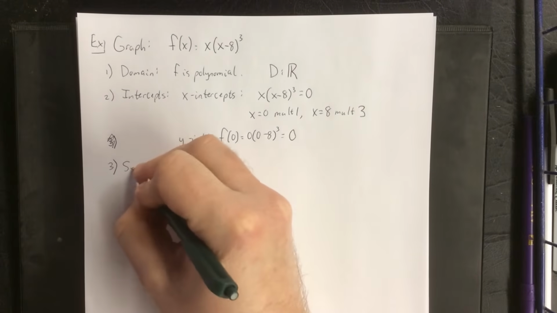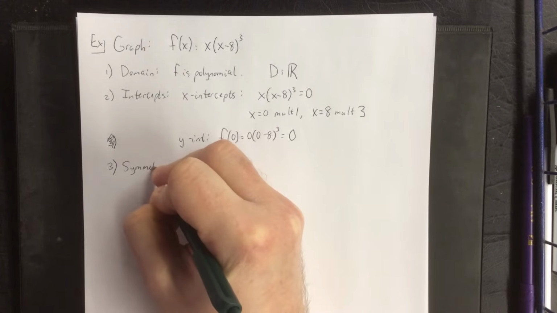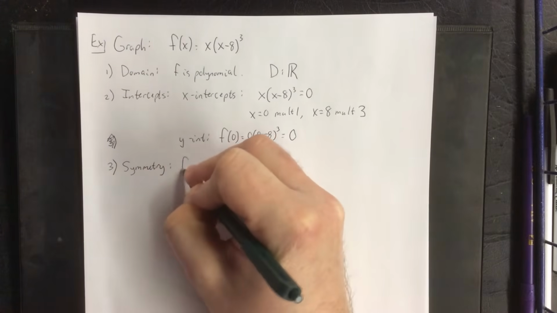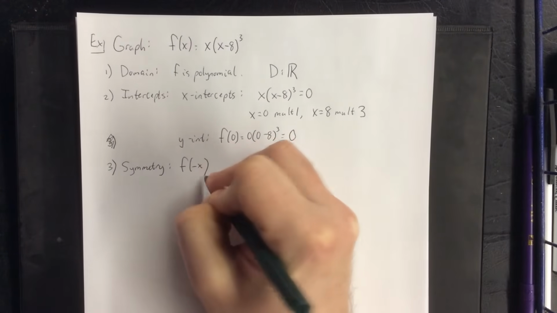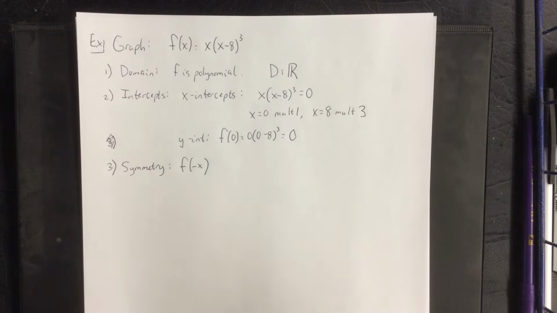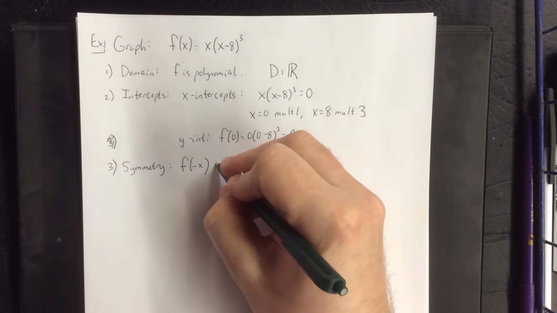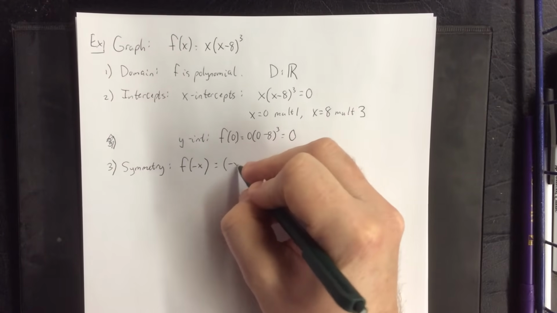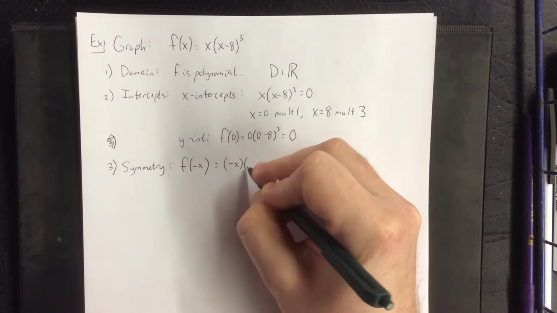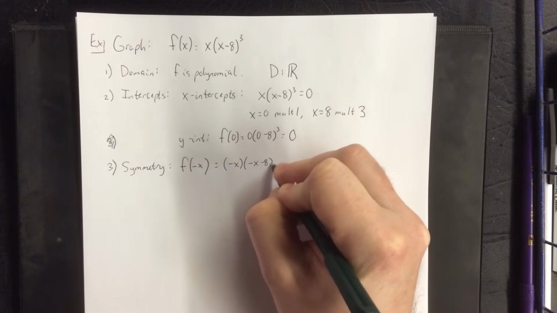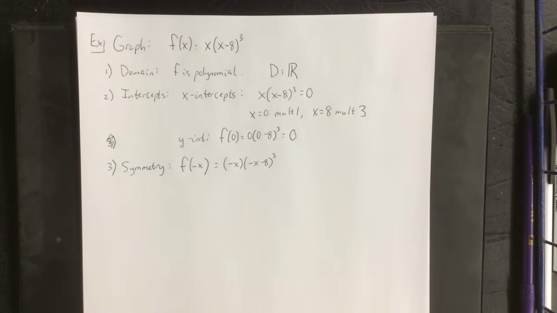Step 3 is for symmetry, where we evaluate f of negative x and see if we get the original function or the negative of the original function. So this would be negative x times (negative x minus 8) cubed.